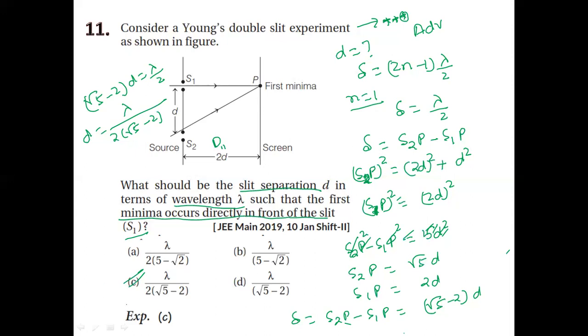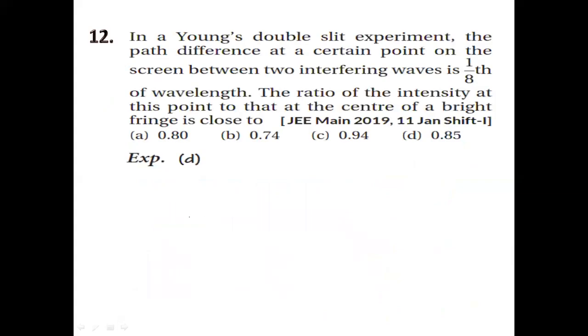Next one. In Young's double slit experiment, the path difference at a certain point on the screen between two interfering waves is 1 by 8th of the wavelength.